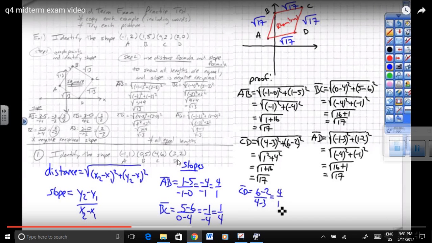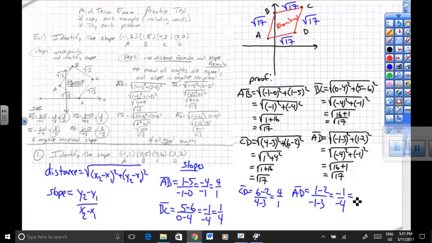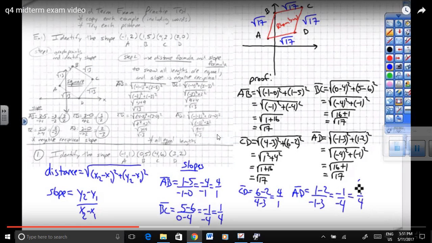That gives me 4 over 1. And then the last slope, AD, will give me 1 minus 2, subtracting the Y coordinates on top, over negative 1 minus 3. And that gives me negative 1 over negative 4. That also simplifies to 1/4.